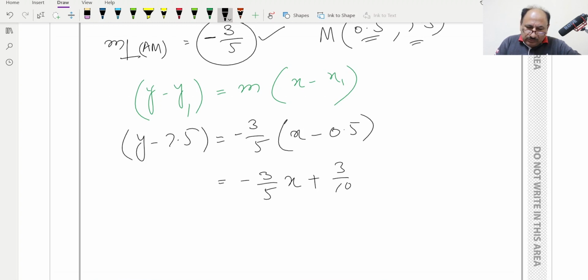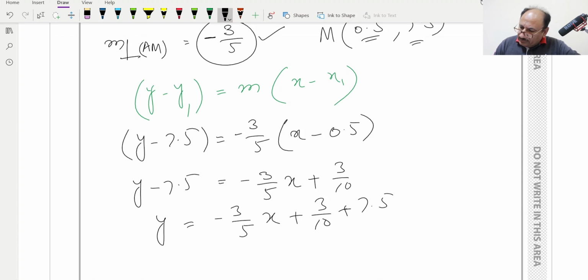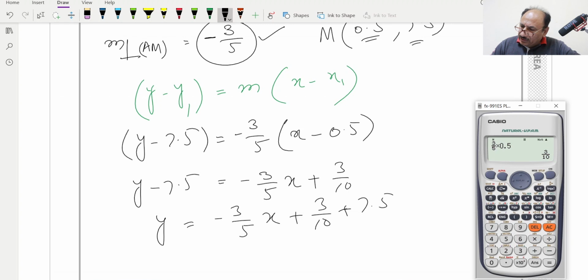So this will be y minus 7.5. So we can write y is equal to minus 3 over 5x plus 3 over 10 plus 7.5, and adding 3 over 10 and 7.5 we will get 39 over 5.